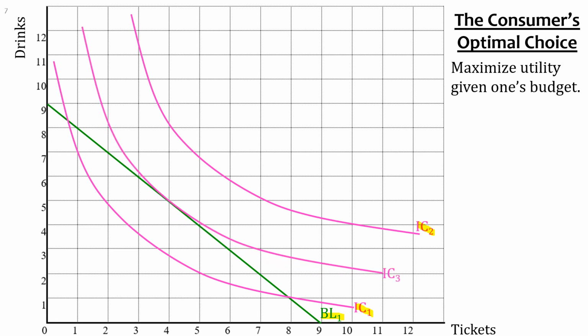So in this case, you can think of a third IC, which is higher than IC1 but lower than IC2, and this is achievable at a single point here where the two lines are barely touching, right? That's called tangency. Some of you, if you've taken calculus, know what tangent means. Tangent means when two things are barely touching.